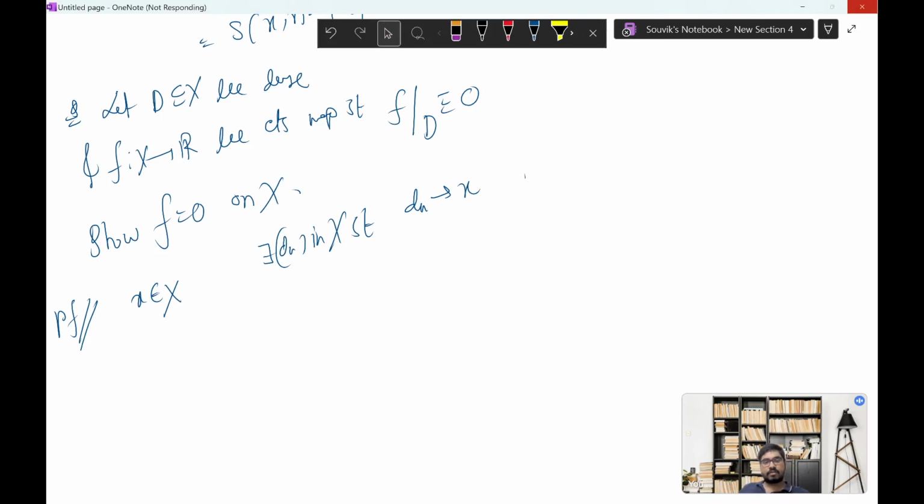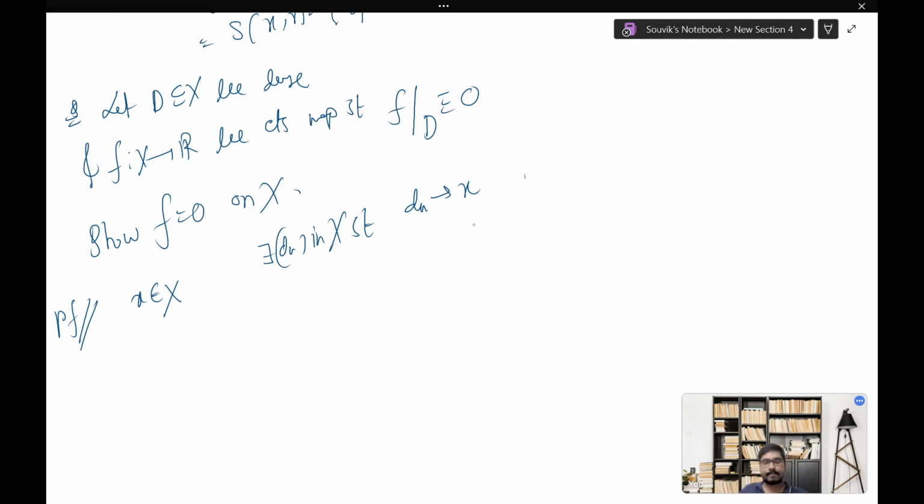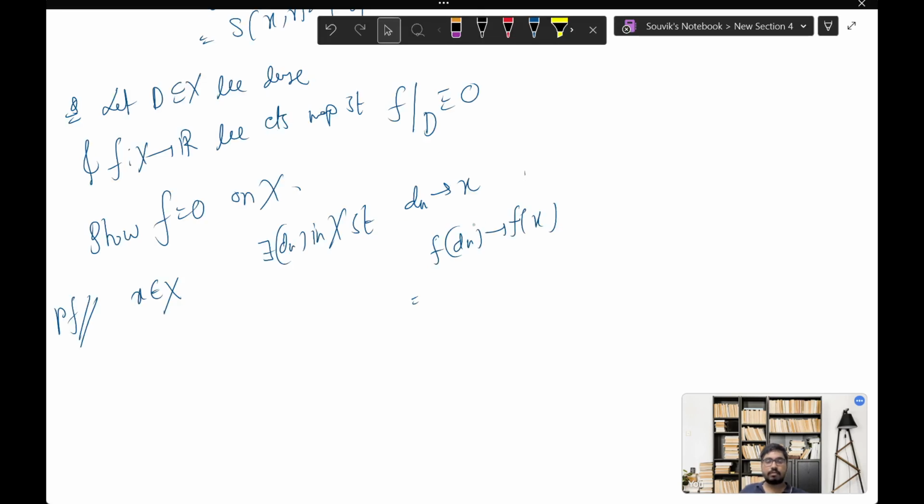Since f is continuous, obviously f(d_n) converges to f(x). And what is f(d_n)? f(d_n) is equal to 0 because it is the given condition.